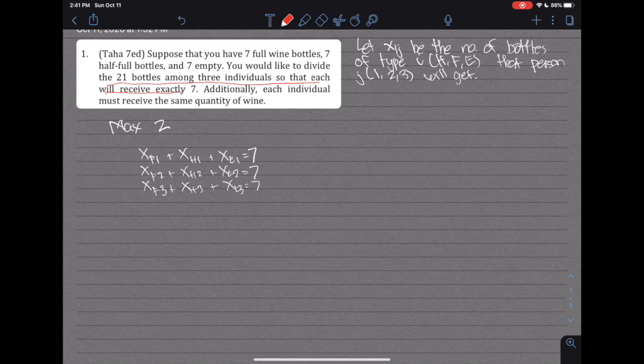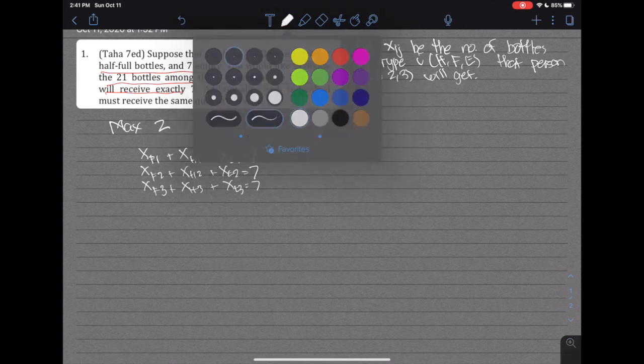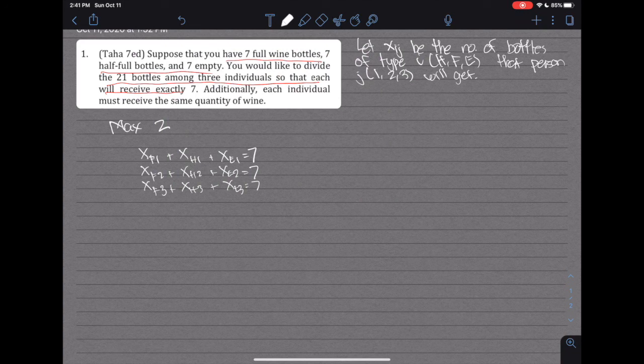The next constraint that we will be formulating is that there are 7 of each bottle type available. So there are 7 full, 7 half, and 7 empty bottles. To do that, the number of full bottles is xf1 plus xf2 plus xf3 is equal to 7.